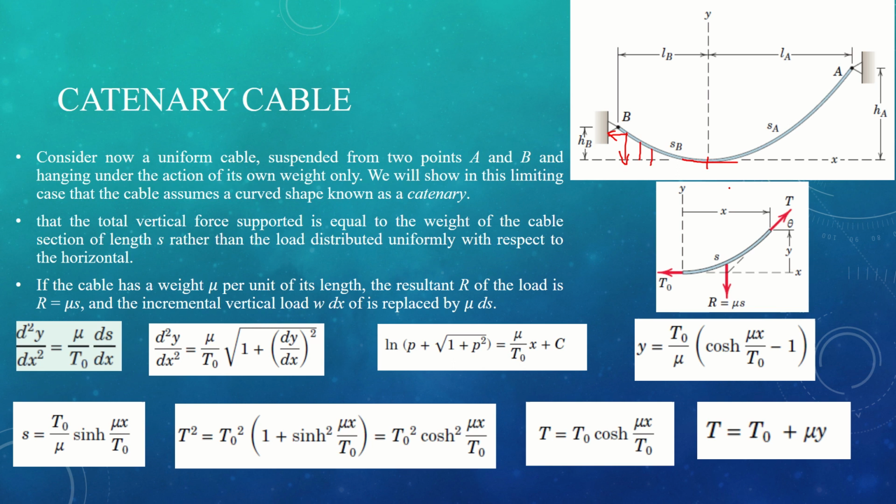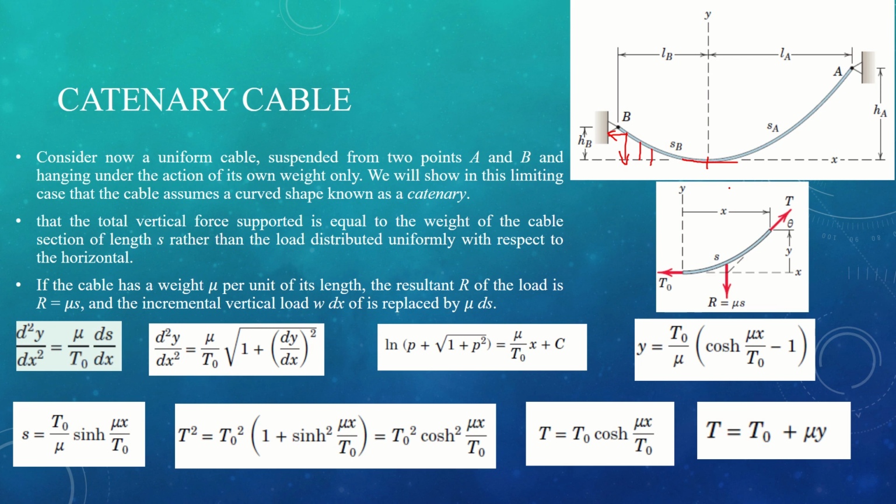And now this free body diagram differs from the previous one in that the total vertical force supported is equal to the weight of the cable section of length S, rather than the load distributed uniformly with respect to the horizontal, as discussed before.